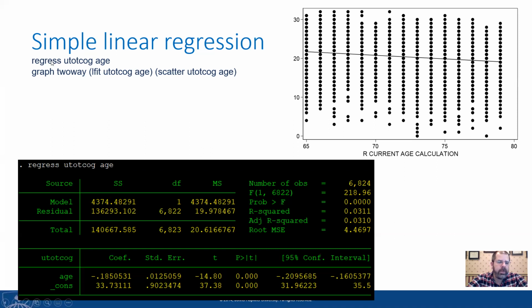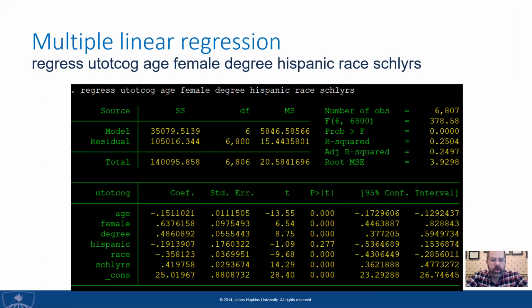This is called a simple linear regression because we have one outcome and just one predictor or adjustment variable. We can also run a multiple linear regression. Here I'm regressing the cognitive score on age, as well as female, degree, Hispanic, race, and school years. In this regression, we have a slightly smaller sample, primarily because there is some missing data, I believe, in some of the education variables. We've gone from a sample of 6,824 to 6,807.